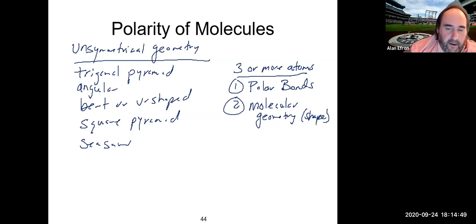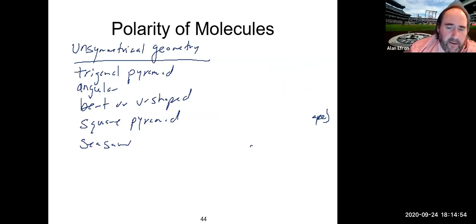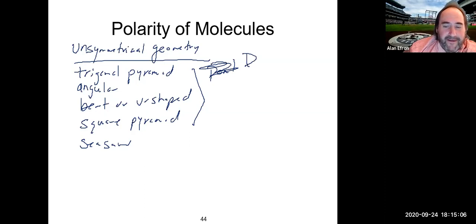And again, what they all have in common is when you draw your Lewis structure, you will see dots on the central atom. So we will have dots on that central atom. And again, that is your non-bonding electrons.